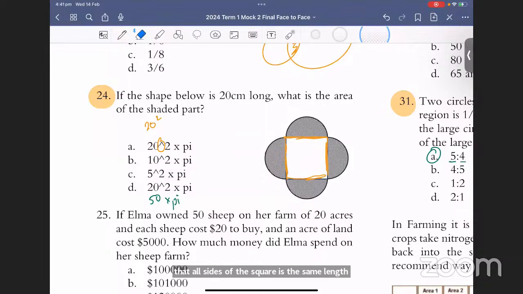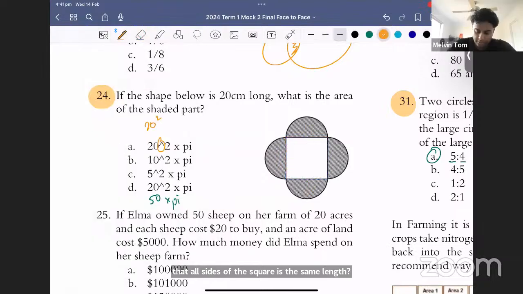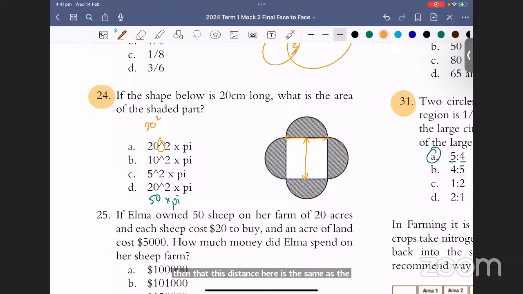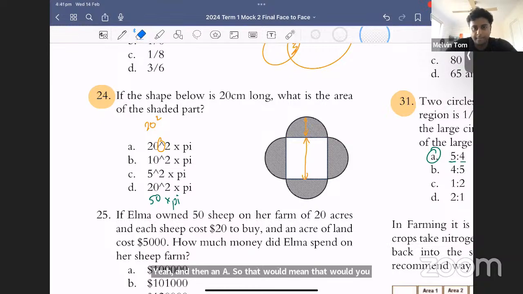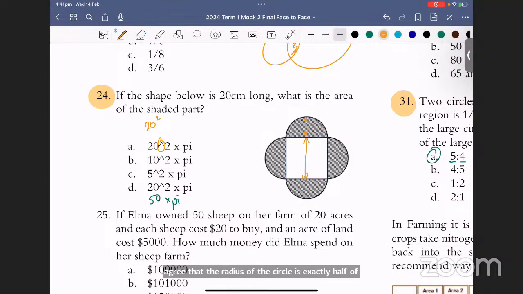So then would you agree that this distance here is the same as the diameter of the circle? And that would mean the radius of the circle is exactly half of the square length? Oh, okay. Thank you, Melvin. You get it? Good man.